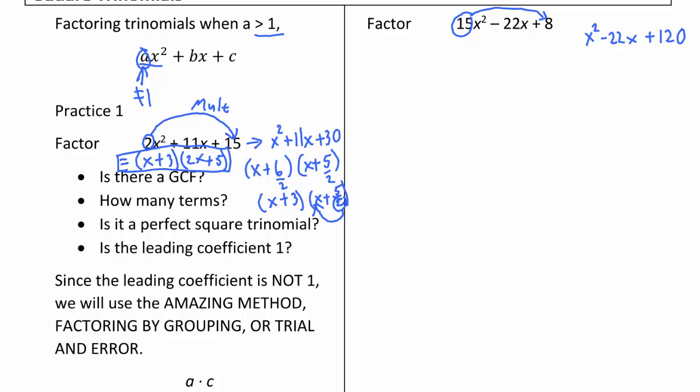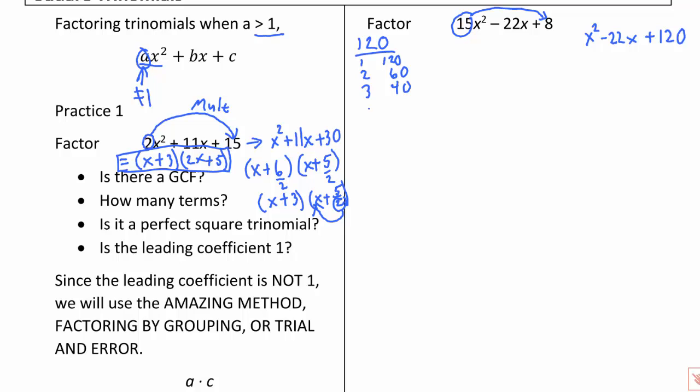Okay. Well, you might not be able to figure that out off the top of your head. So I'm going to start by writing down the factors of 120. The factors of 120 are 1 and 120. Added together, that's 121. That's not it. 2 and 60. That's not it. 3 and 40.